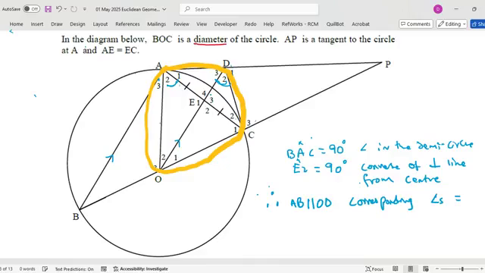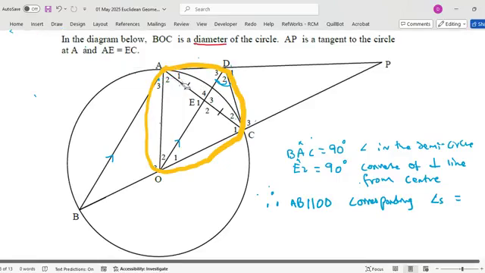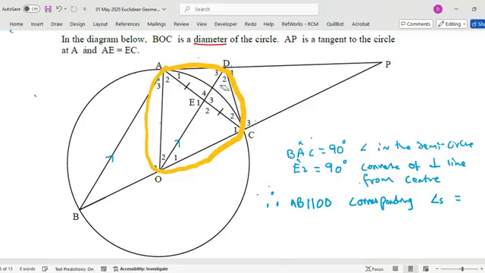A2 is 90 minus A1, because we know that A2 plus A1 is 90. So if A2 is 90 minus A1, then what would be the size of D2?